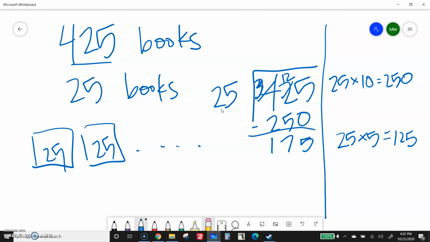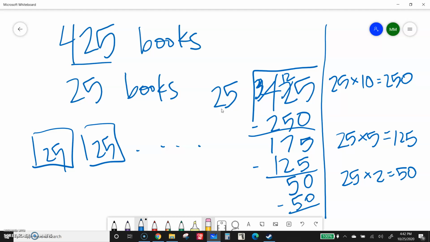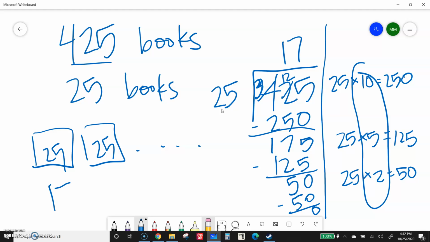So I'm going to subtract 125. Ooh, I know because of quarters that 25 times 2 is 50. So then I have no remainder, and that would be 17 groups. So I have 17 boxes of books.